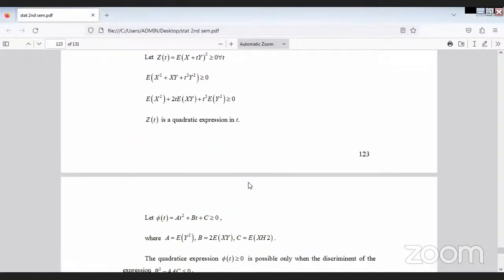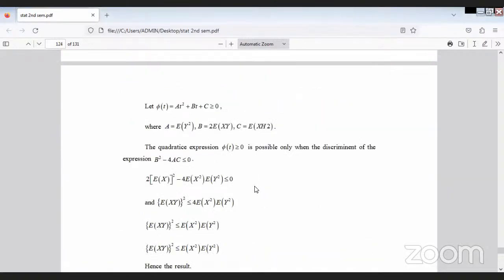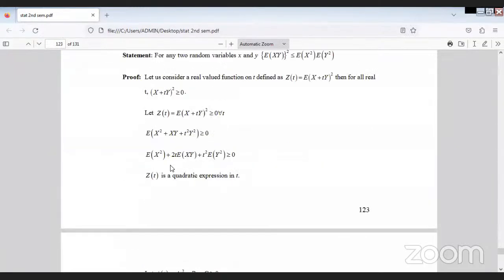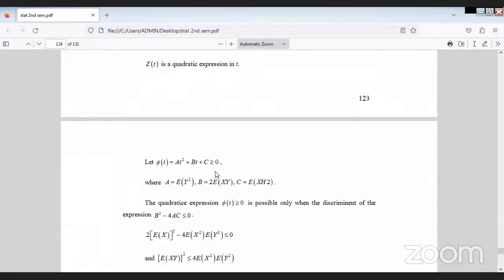So Z is a function of t. Later we can take phi of t is equal to at square plus bt plus c, greater than or equal to 0. What is a here? a is E of Y square.